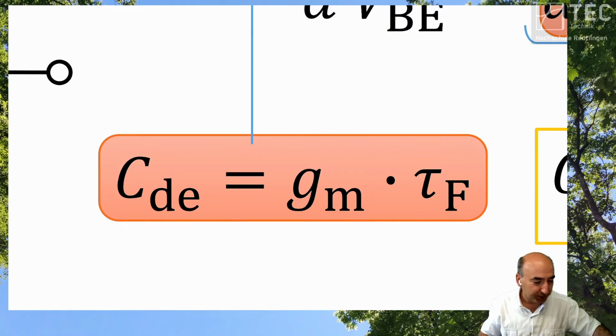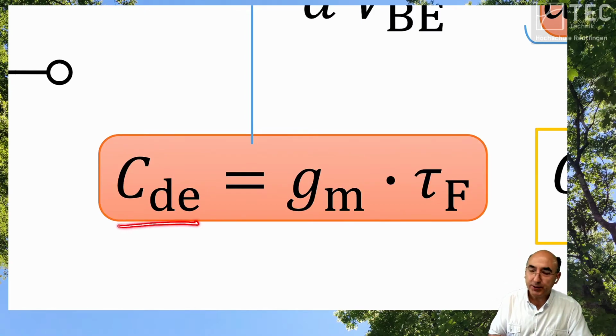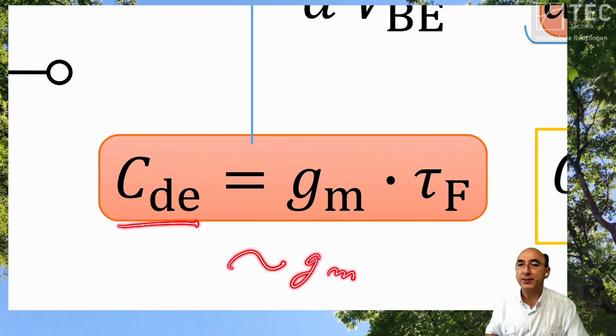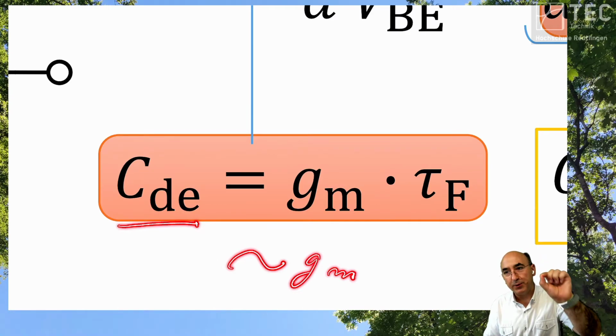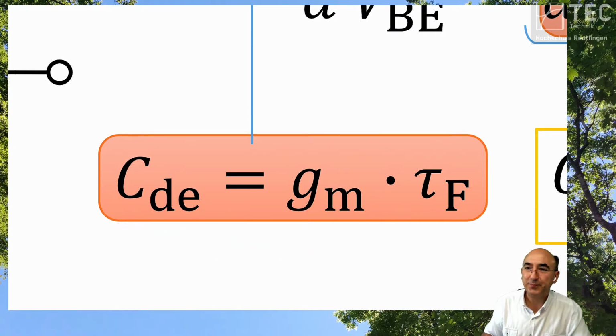It's not so happy when using bipolar transistors. So the diffusion charge is proportional to the transconductance, the most important value in the transistor.